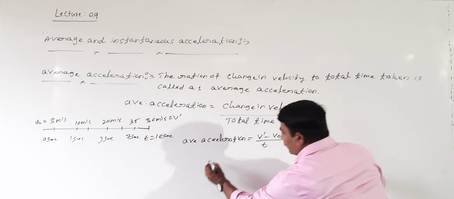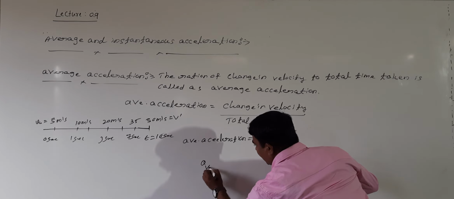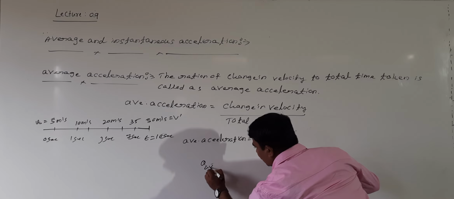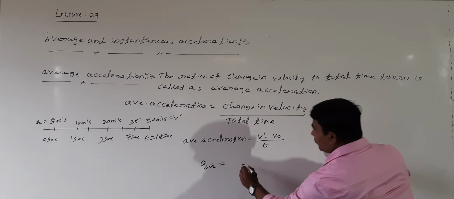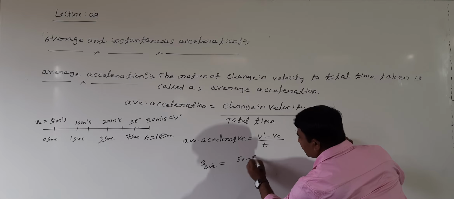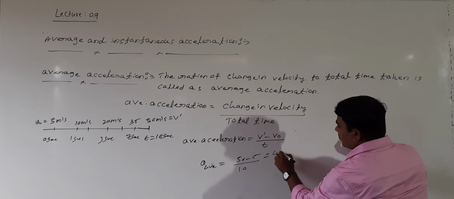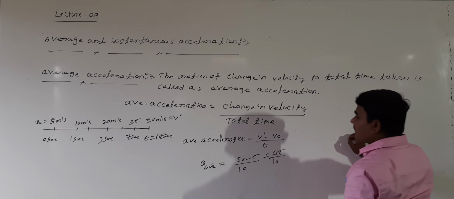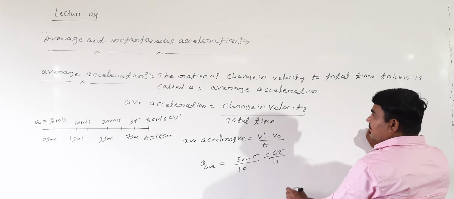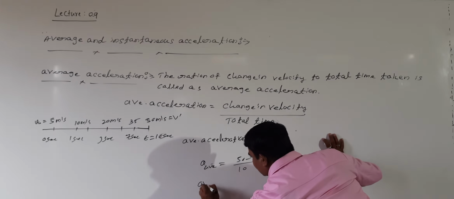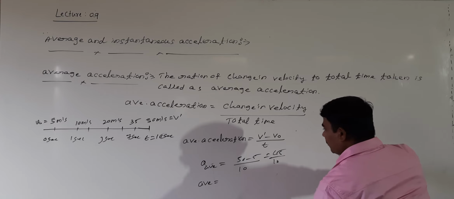So average acceleration is equal to final 50 minus initial 5, whole divided by 10. Then how much is it? 45 by 10.